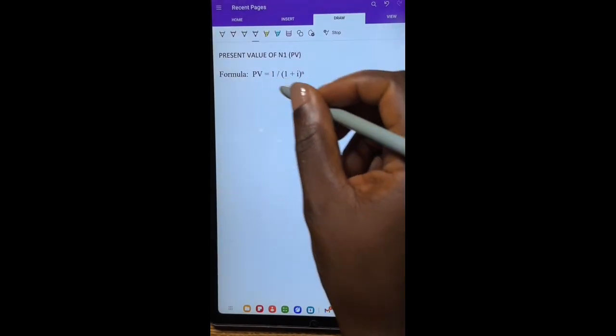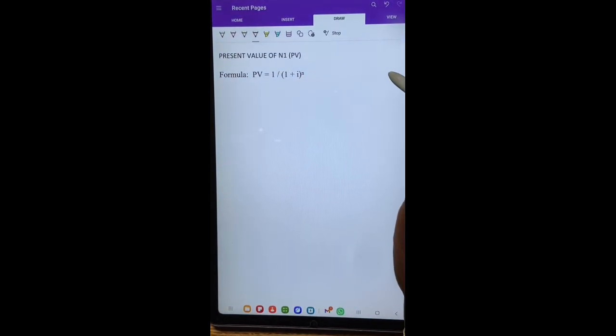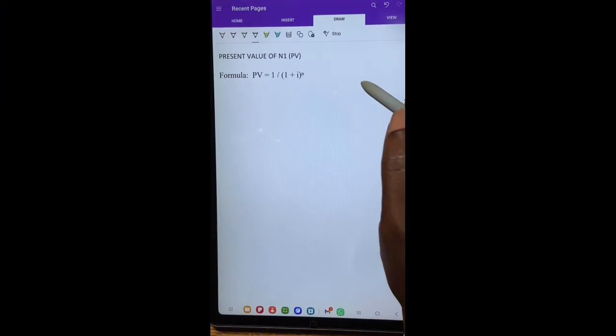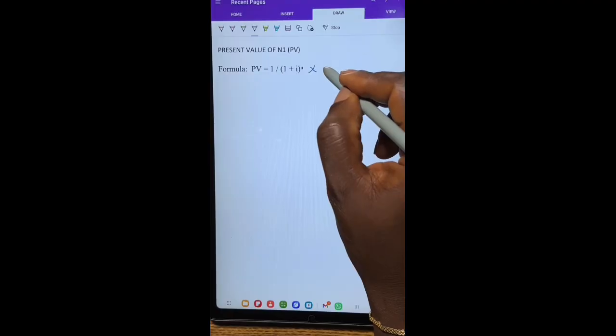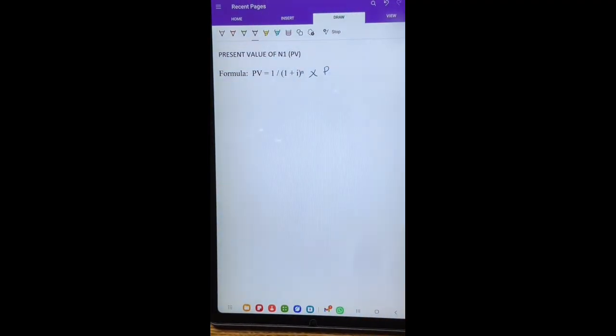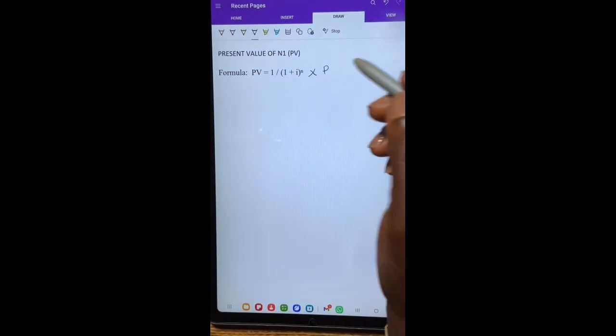As you can see on the screen, the formula for the present value of 1 naira is 1 over 1 plus I raised to power n, which is 1 over amount of 1 naira. And definitely we multiply by P always. So it's still the same variables as we use with the amount of 1 naira.